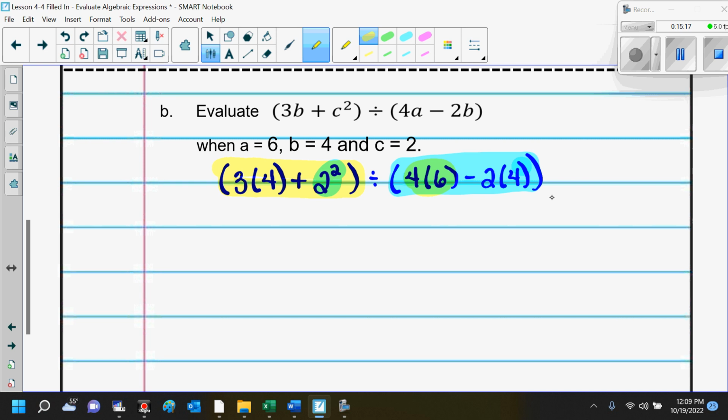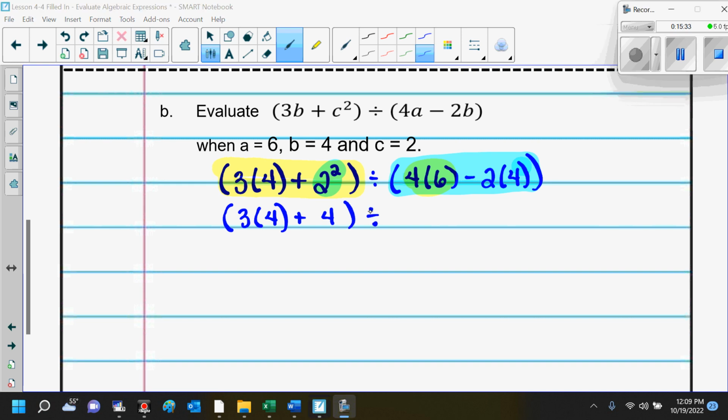Is everybody with me on that? So, we've got, and I'll just take it one step at a time, we've got 3 times 4 plus 4 divided by, so now we're going to do 4 times 6, that's 24, minus 2 times 4.